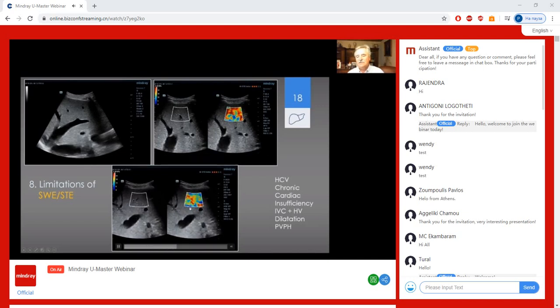The reason is that there is a periodical compression of the hepatic vein on the liver parenchyma, acting as a force to increase or decrease shear wave elastography measurements of the liver.